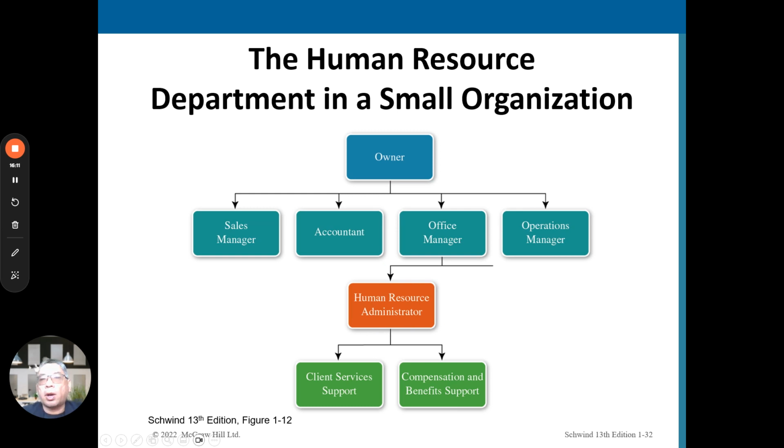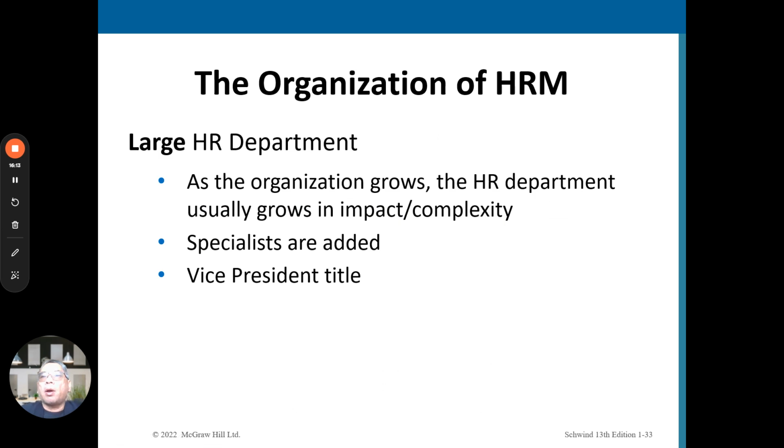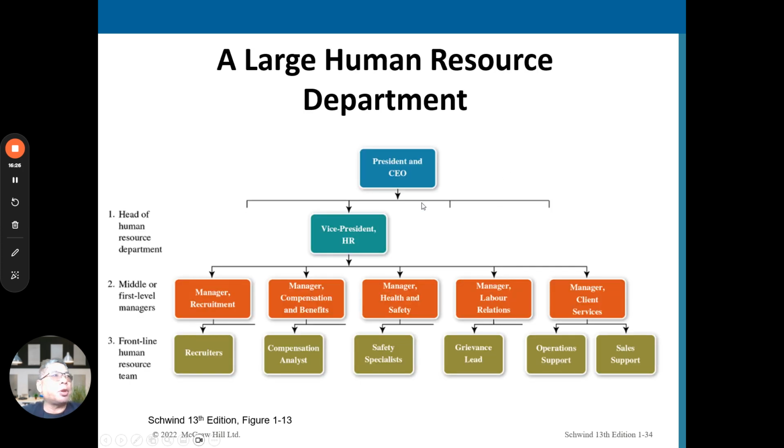But for a large organization, the department will grow, and it usually grows because of the impact and complexity, especially when needed with the VP title. Example here, you got a CEO, president CEO, you got a VP of HR. From VP HR, you got recruitment in the middle management, compensation benefits here, health and safety, labor relations, and client service.